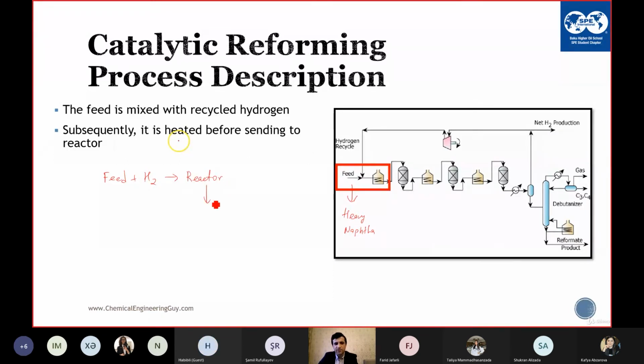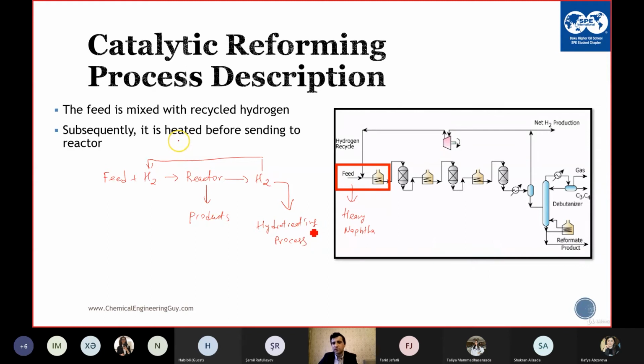And from the reactors, we have the products and H2. Some of this H2 is recycled back to the inlet, and the rest is sent to the hydrotreating process. This is the main process where we use the hydrogen. Hydrotreating process.